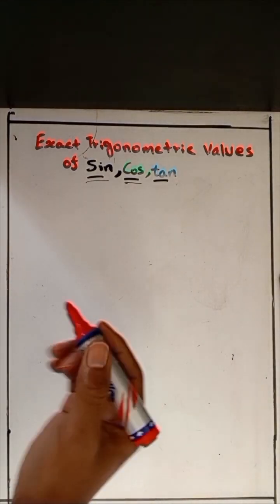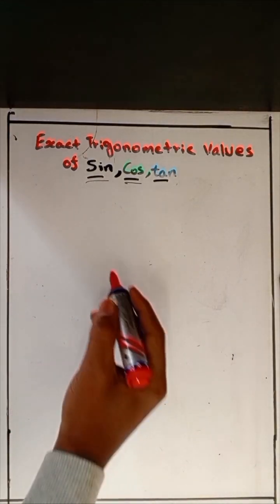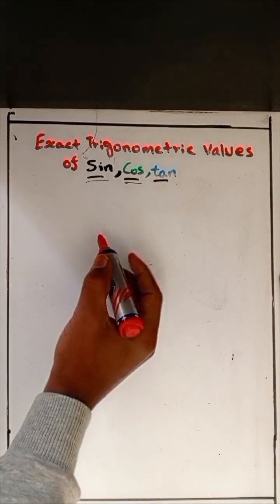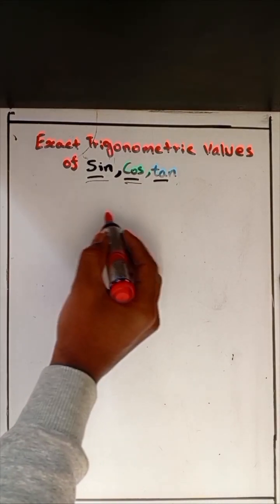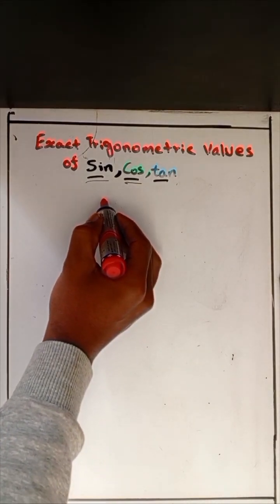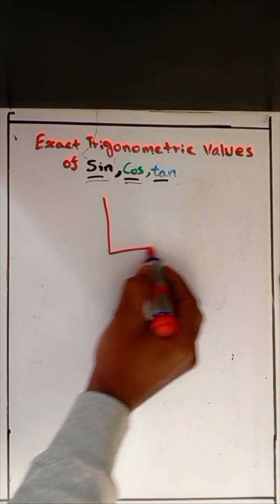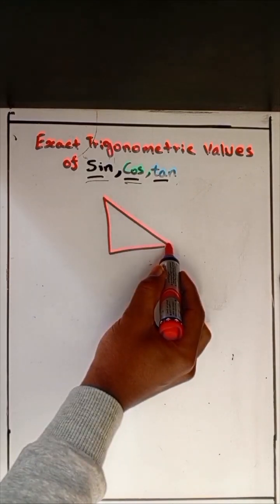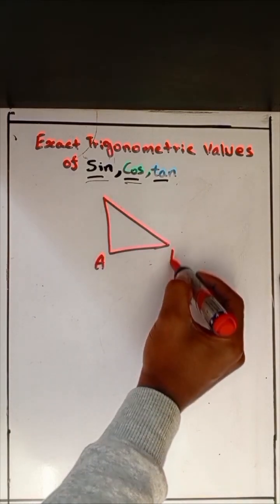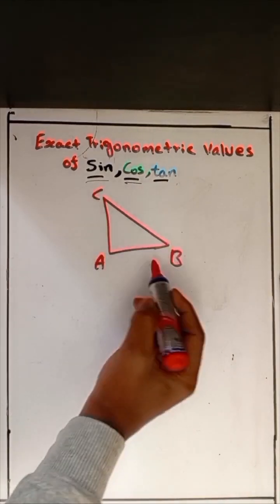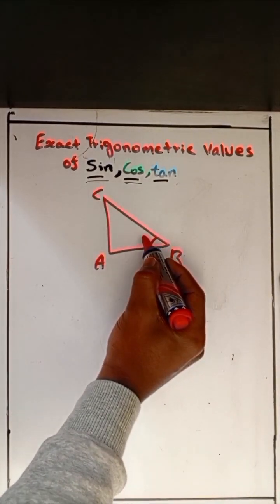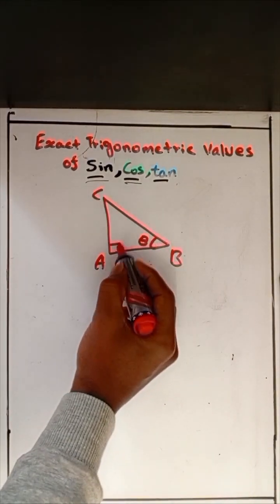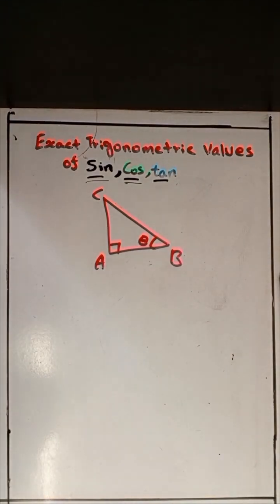To do so, let us recall some concepts regarding these trigonometric functions. Mostly the trigonometric functions relate to the right angle triangle. Let's say this is triangle A, B, C. Call this angle theta, and let's say this is a right angle triangle.